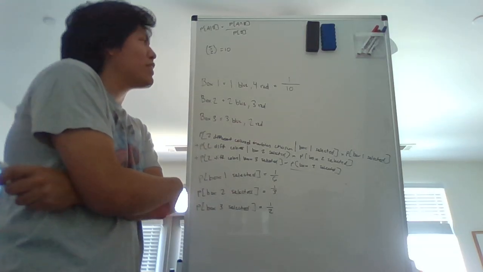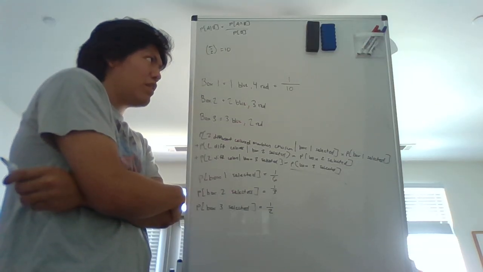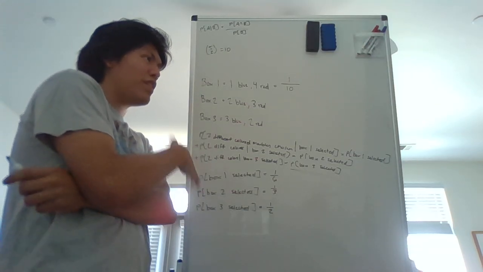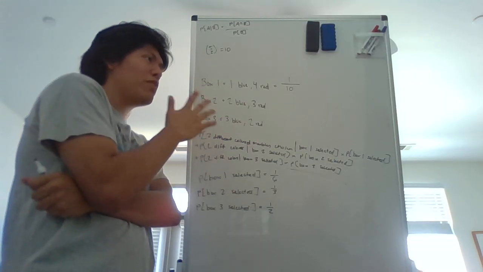How do I want to explain this? How am I trying to explain this? So there are 10 possible ways of choosing 2 marbles from a total of 5.